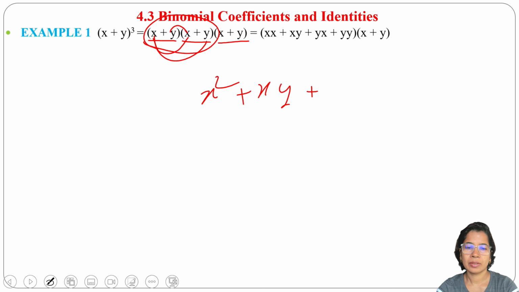This 25 factorial you can write as 25 multiplied by 24, 23, 22, 21, 20, 19, 18, 17, multiplied by 16, 15, 14, multiplied by 13 factorial, divided by 13 factorial multiplied by 12 factorial, which you can write as 12, 11, 10, 9, 8, 7, 6, 5, 4, 3, 2, 1.